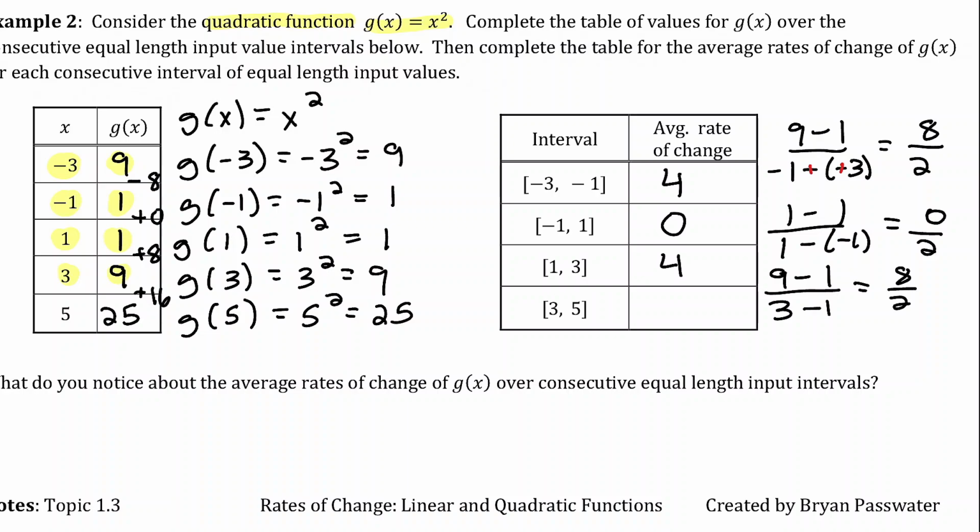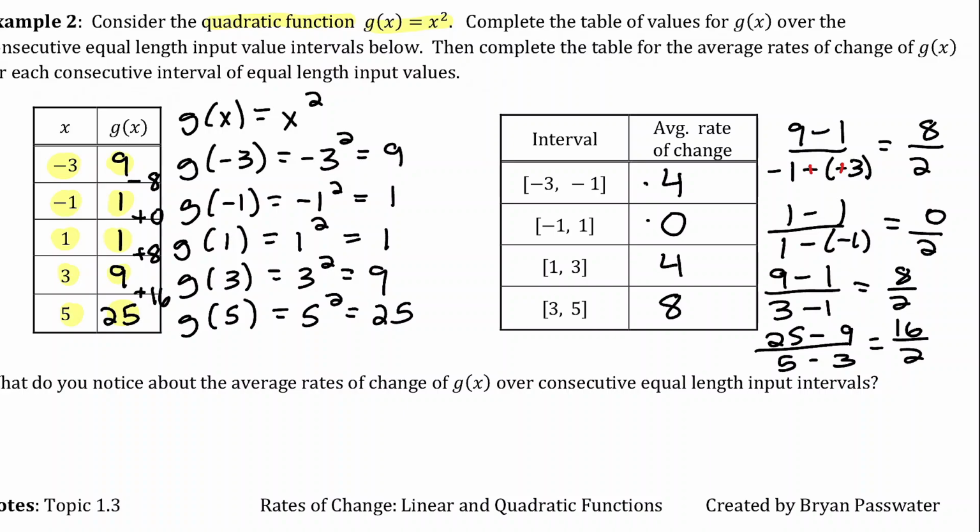I get 8 over 2, which is 4. And then for 3 to 5, I'm doing 25 minus 9 over 5 minus 3. Again, that gets me 16 over 2, which is 8.